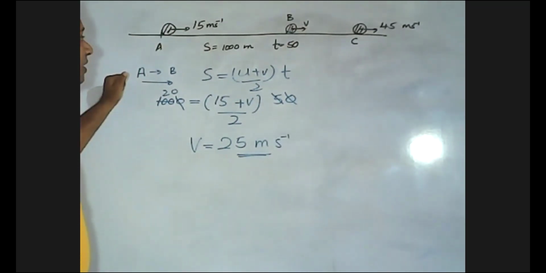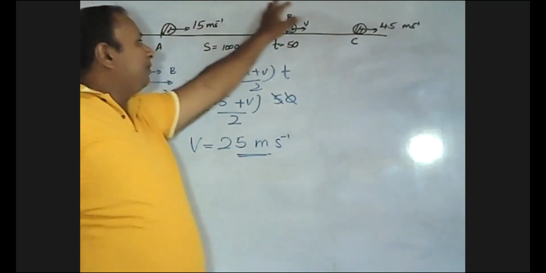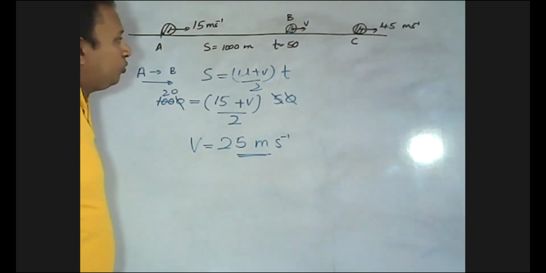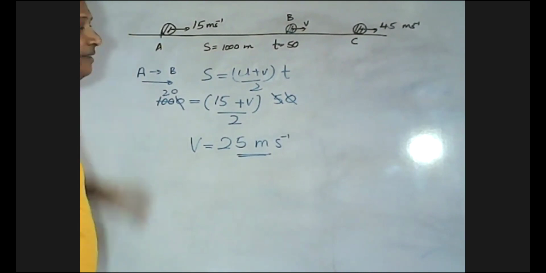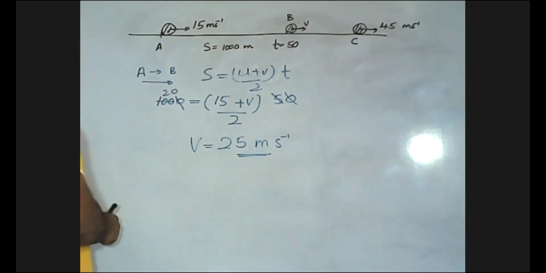You can get it from the A to B portion. According to the question, the acceleration is constant throughout the motion. Therefore, you can calculate the acceleration from the A to B portion.